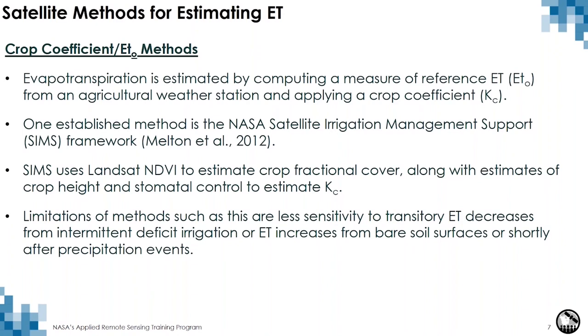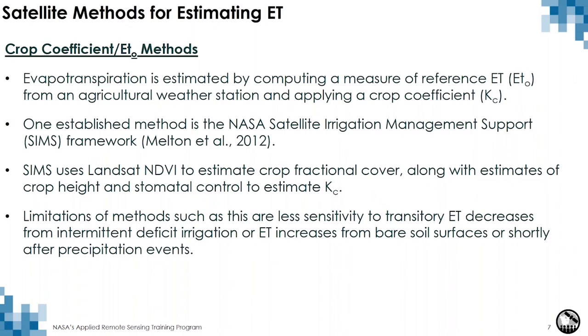That being said, the main limitation of this method, and why it's a good method for irrigated agriculture but maybe not so good in rain-fed agriculture, is that there is less sensitivity to changes in ET related to deficit irrigation or changes in stress. It's really good at estimating evapotranspiration when we have a good understanding that the plant is well watered.